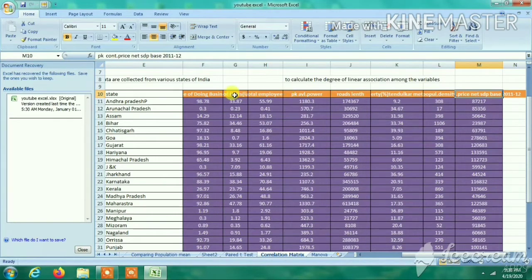These are the important variables, and this is the measurement of the ease of doing business index.